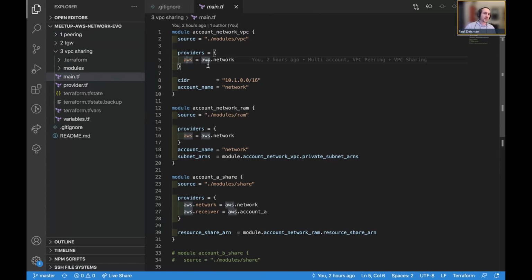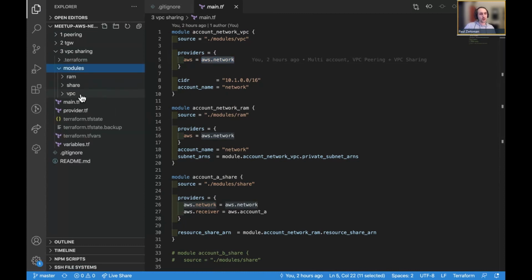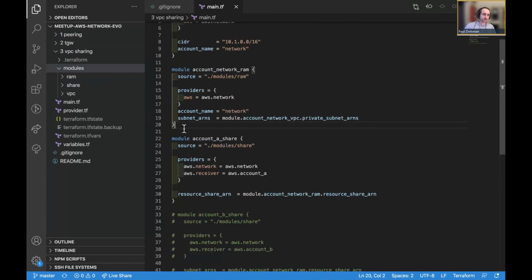I just override that, and I say, go and provision this into the networking account. That's basically what that says. Not going into the VPC. Like this is standard stuff, and they're pretty nasty modules I wrote last night. So it's the idea that counts over here.